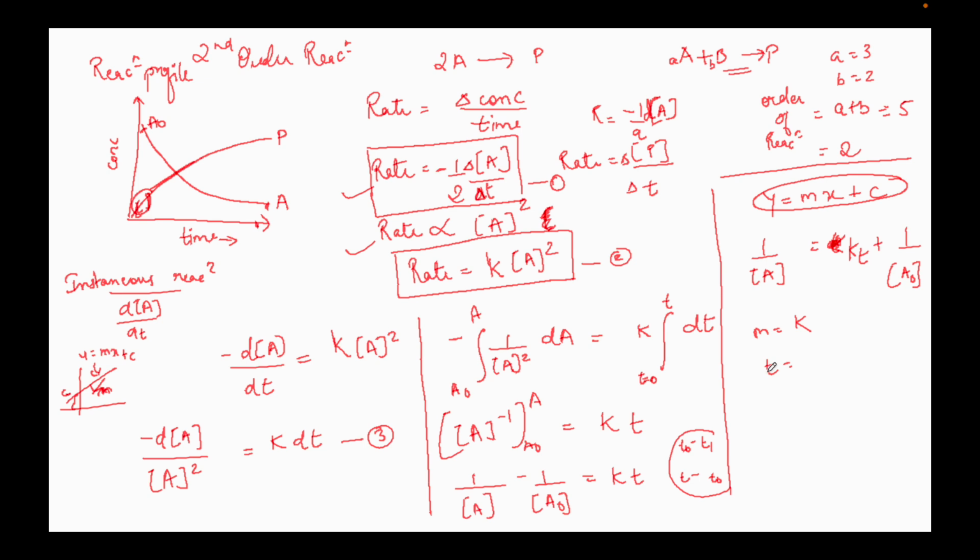The x axis we have t, here also we have t. X will always be t. Y we have the concentration of reactant, which is 1 by A, and c is the intercept, which is 1 by A0.